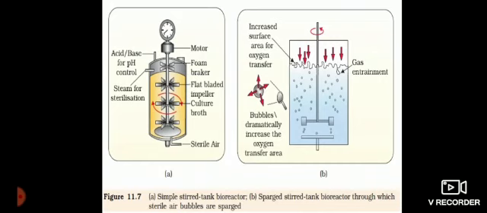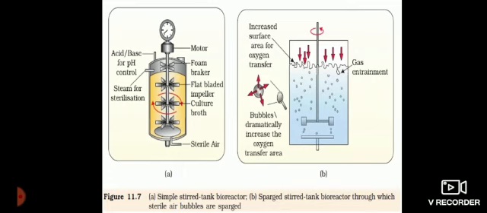The first diagram is of a simple stirred tank bioreactor. It is like a big vessel with a propeller in the center which keeps on rotating inside, along with an acid base pH controller, steam for sterilization, and a foam breaker. This is how a simple stirred tank bioreactor looks, and we insert the culture and then grow it in large amount.